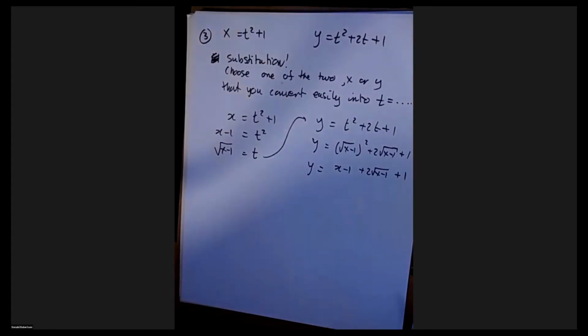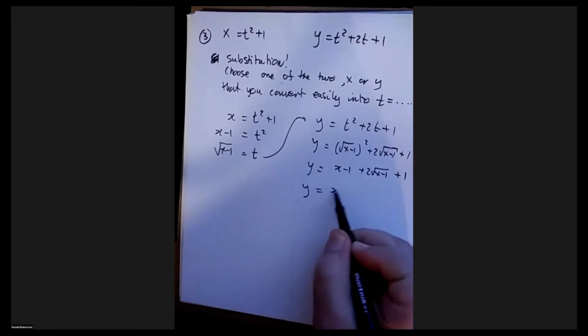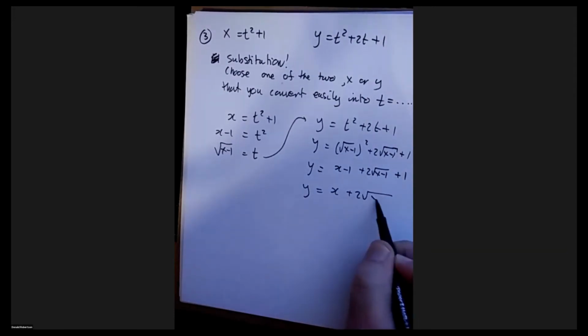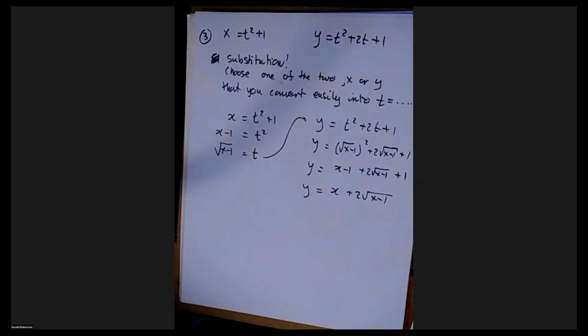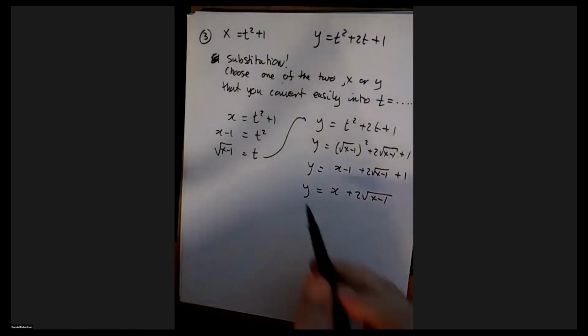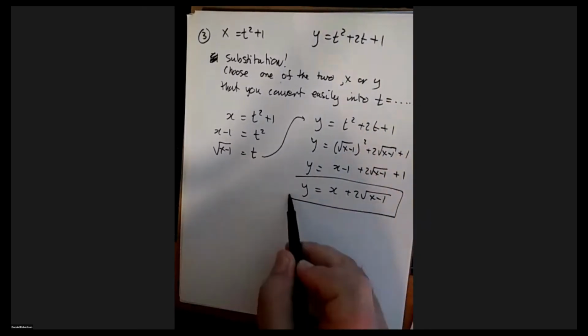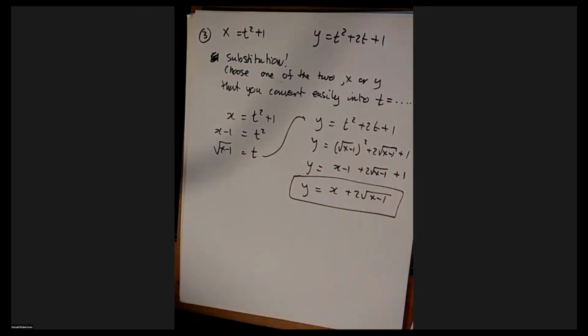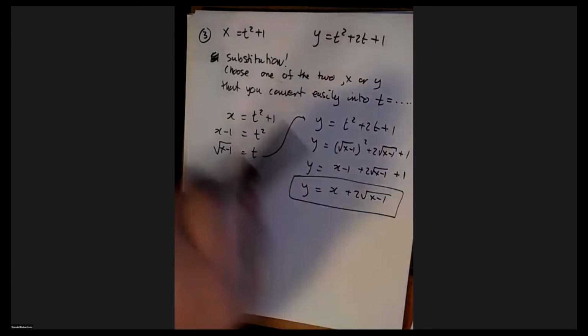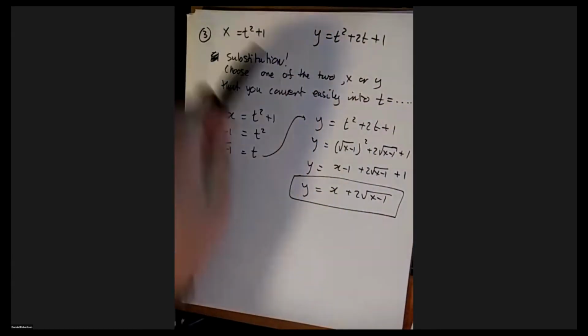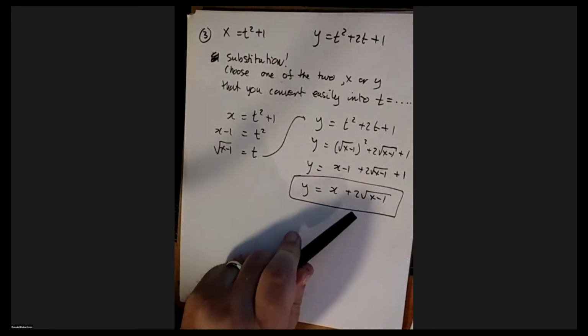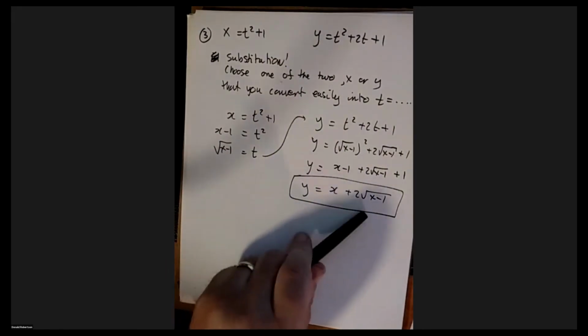And then I said, oh, I just noticed something. Don't the ones cancel out? And once you've done the best you possibly can, that's your final answer. So this parametric equation is equivalent to this Cartesian equation, x's and y's.